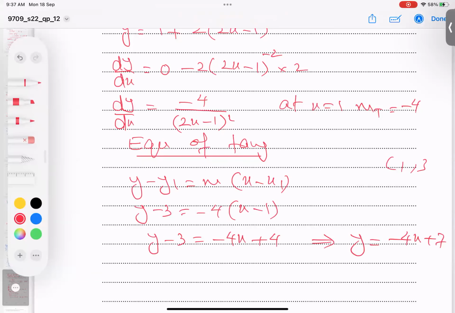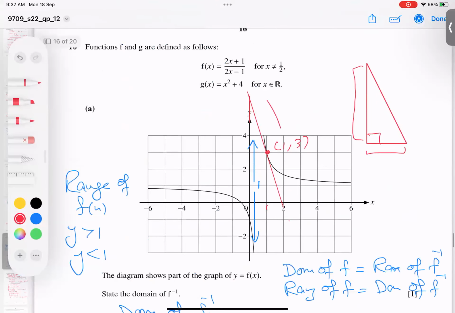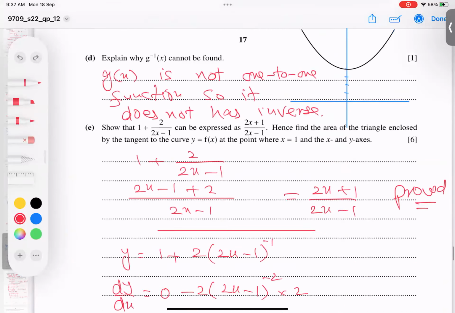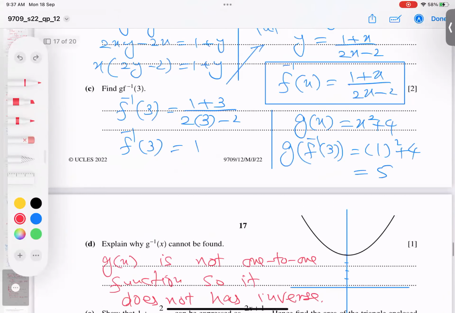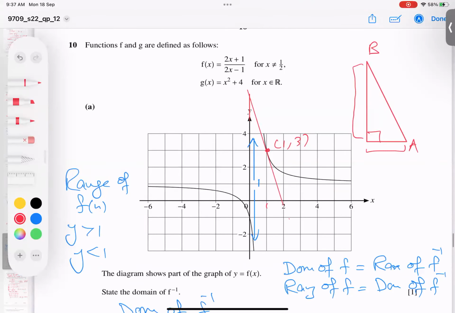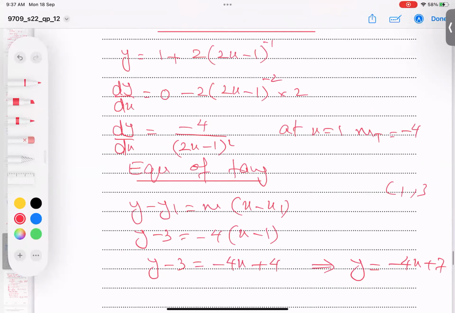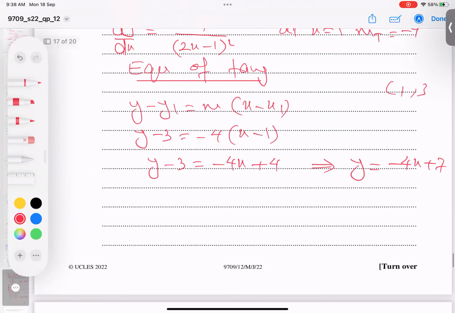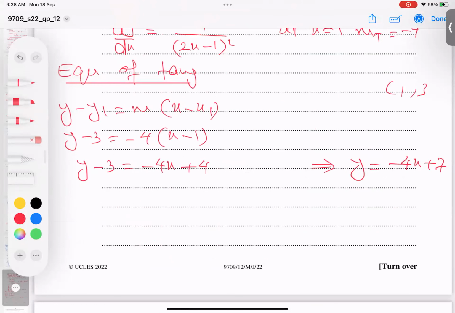So now, students, we have got the equation of the tangent, which is the red line clearly mentioned. How do we get these coordinates here? I label them as A and B. For A, I will plug in y equals 0.